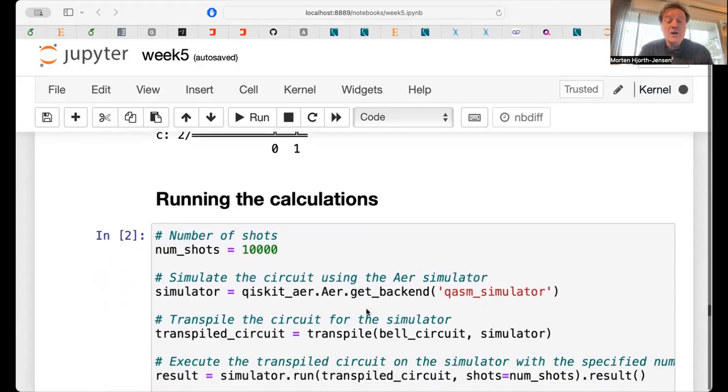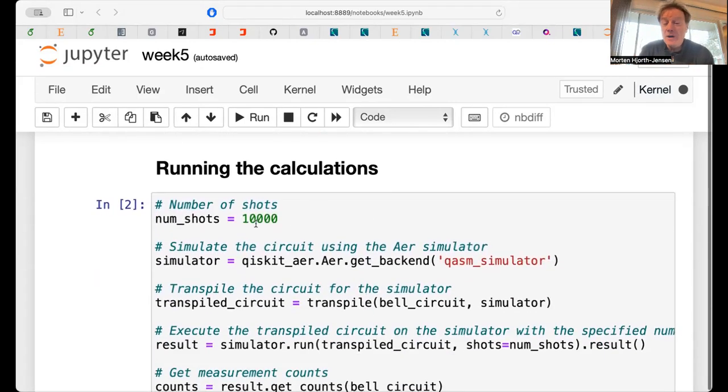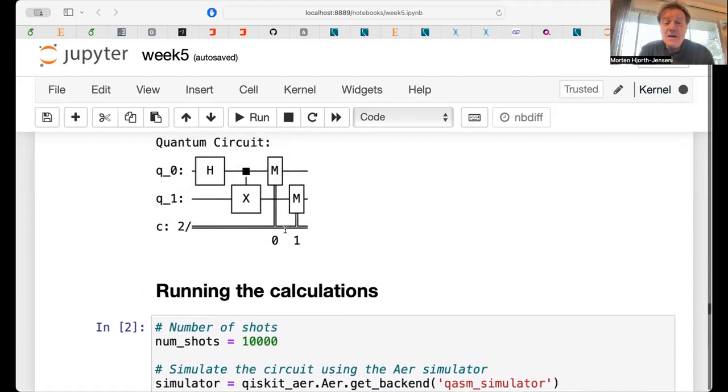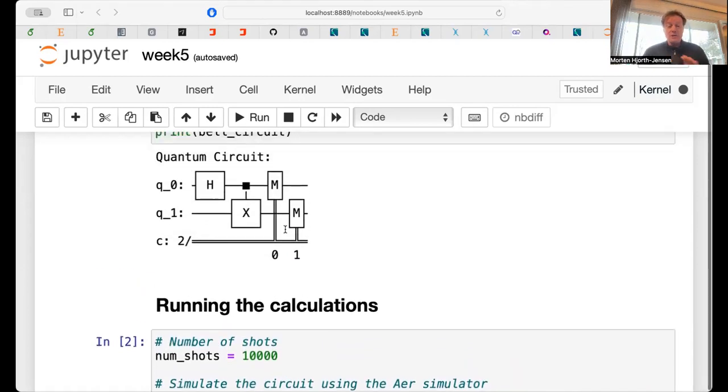Now, when you're running the calculations, you would run this many times. I've run it 10,000 times, and I am setting up a linear combination. So let me just switch to the whiteboard here, just a moment.